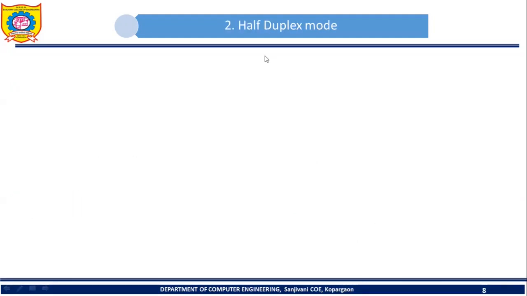Now let's discuss the second mode of data communication. The name of that mode is half duplex mode. What happens in half duplex mode? Communication is bidirectional, but not at the same time. Please try to compare half duplex mode with simplex mode. In simplex mode, we discussed that data flows only in one direction.